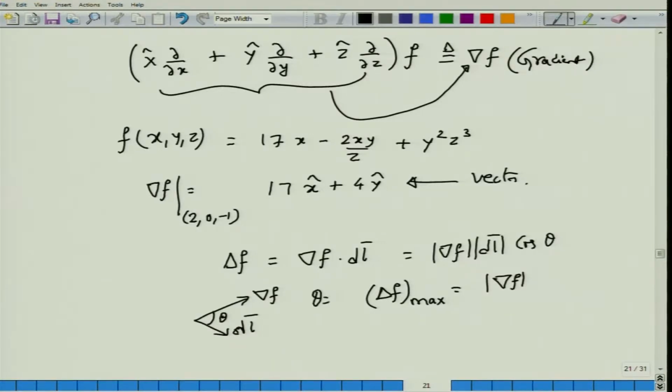This happens when theta equals 0, so that cos 0 is 1, and the maximum change if you move a distance dl is given simply by the magnitude of the gradient multiplied by the magnitude of dl. This is of course just the magnitude. And if you move in the direction where the function is actually constant, then theta is equal to pi by 2, and delta f will be equal to 0.